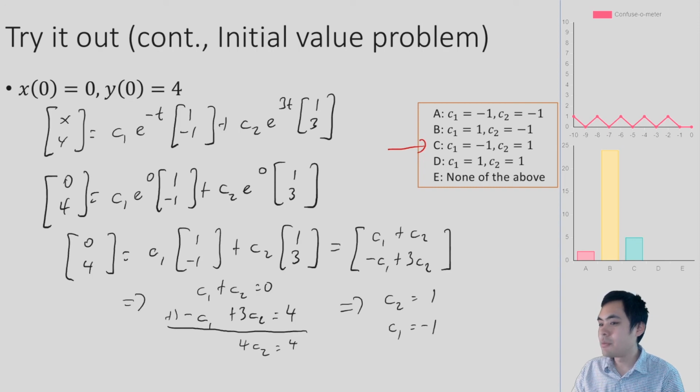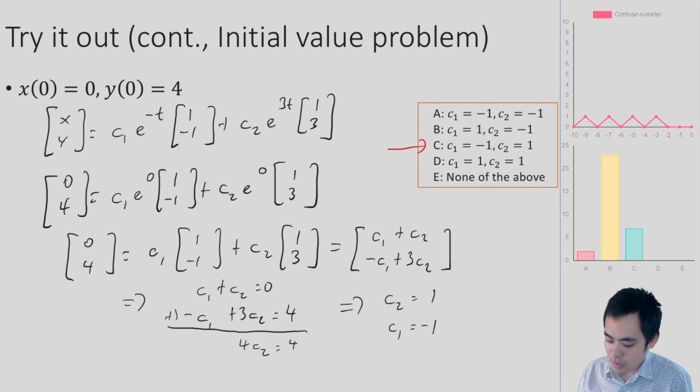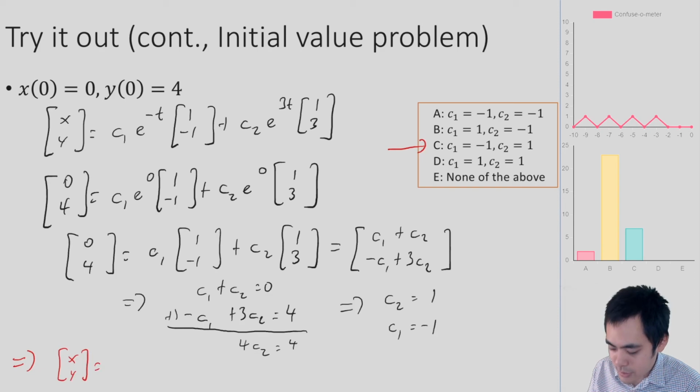Make sure you're very comfortable with solving these systems of equations, because these will come up over and over again and in all kinds of problems. And the end result here is that xy is equal to minus e to the minus t 1 minus 1 plus e to the 3t 1, 3.